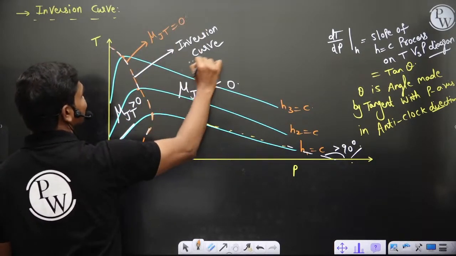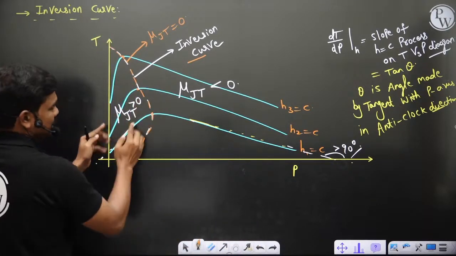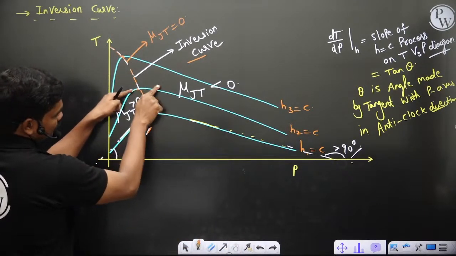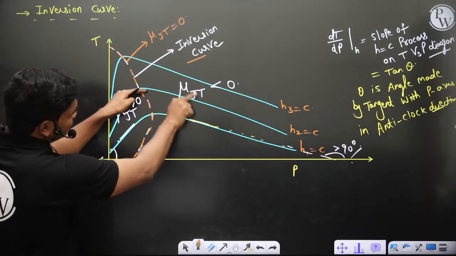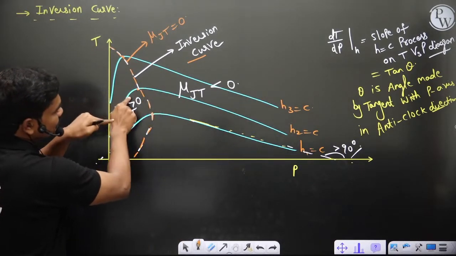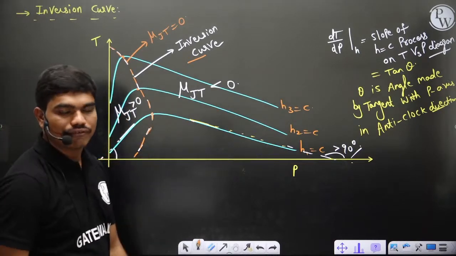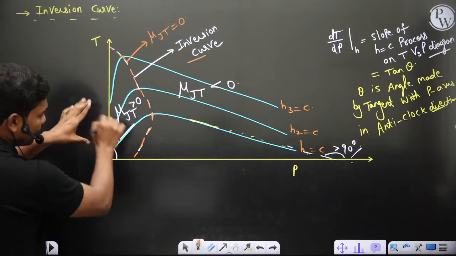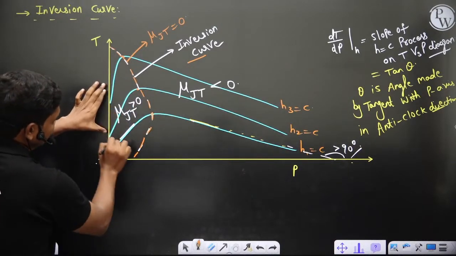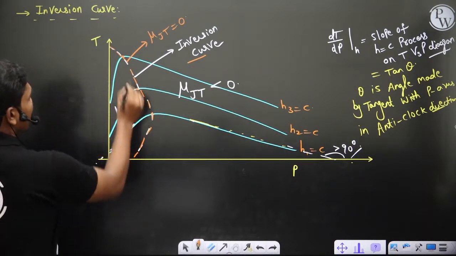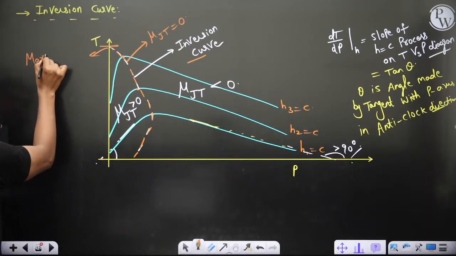This is called the inversion curve because it decides the nature of the substance. If you cross this curve, the nature of the fluid gets inverted: a substance which is not acting as a refrigerant till this location starts acting as one as soon as you cross this curve to the left. All your refrigerants like ammonia and chlorofluorocarbons lie within this particular region, and this temperature is called the maximum inversion temperature.